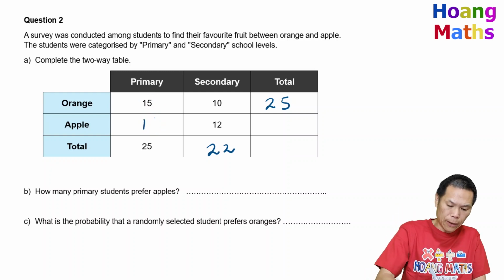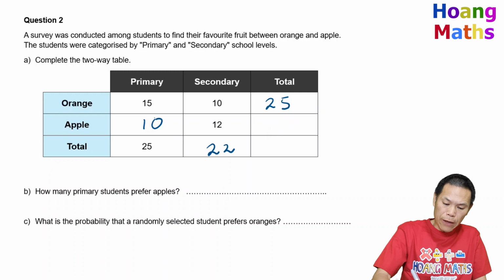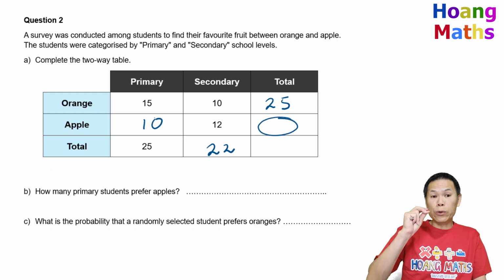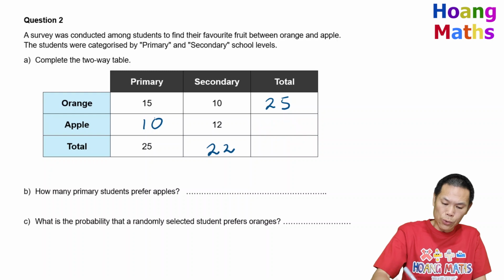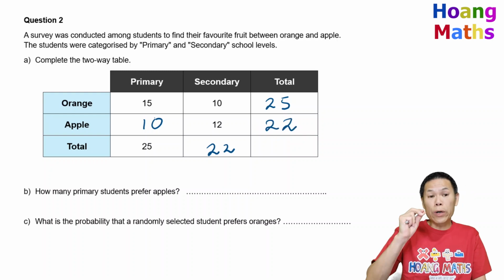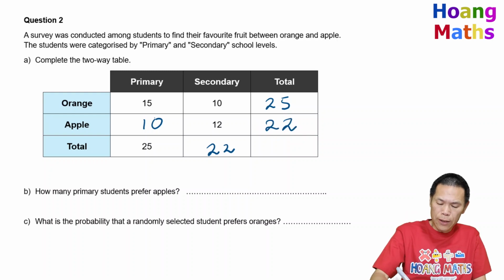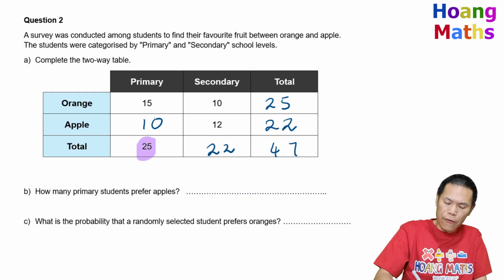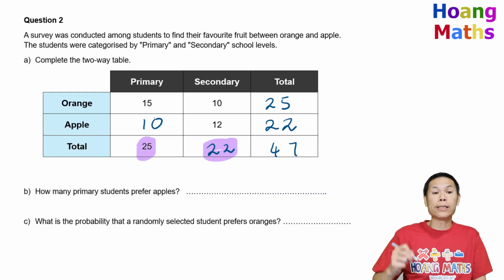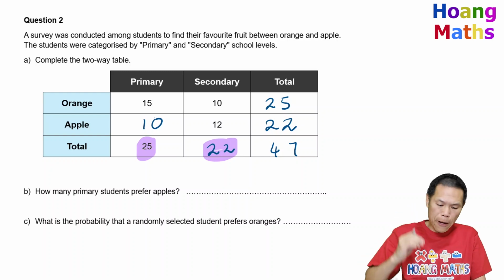So this is 10. Now we can find this one here. We go 10 plus 12, which gives us 22. So 22 plus 25 gives me 47. Otherwise, we can use 25 here plus this, which gives me 47 also. So keep that in mind.